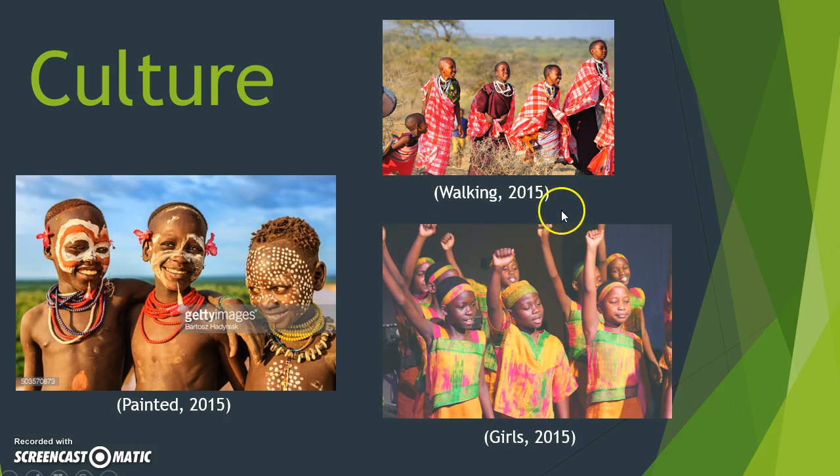I know for me, as I looked at the children that were working, I thought of my own children, and if they're helping us wash the car or do yard work or whatever, they're probably going to be in jeans and a t-shirt. And here we see these children, and they all have fabric wraps. I found that a little bit curious and a contrast, but the similarity is that we all work.